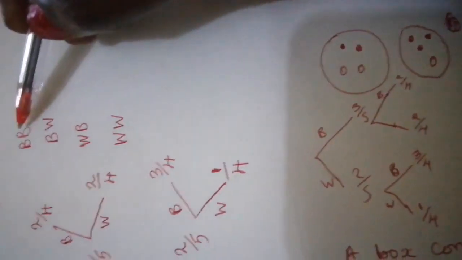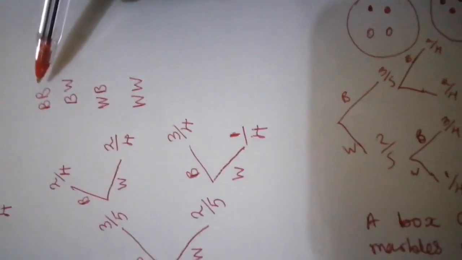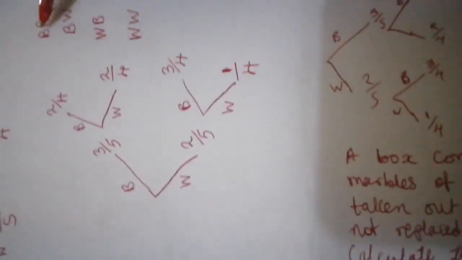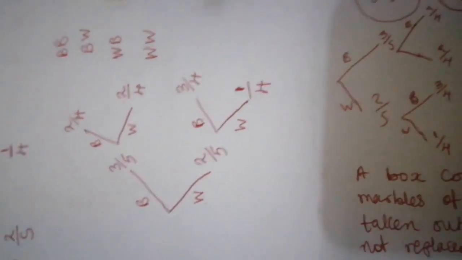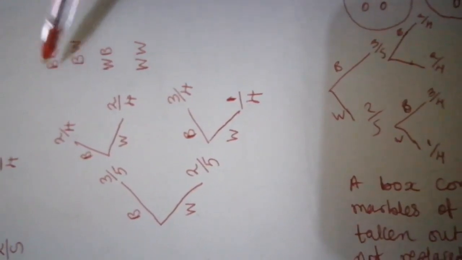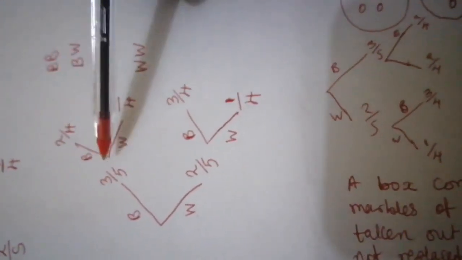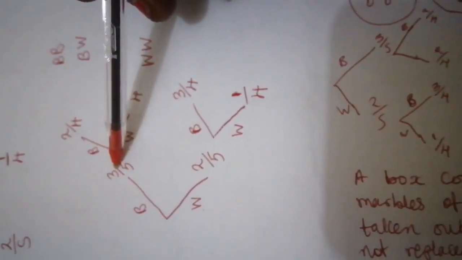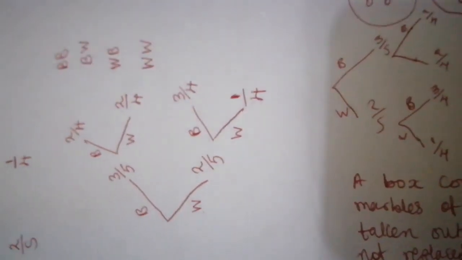So the probabilities of these, the way we find them is that for us to find the probability of picking both black marbles in the first and the second draw, we multiply this by that probability.